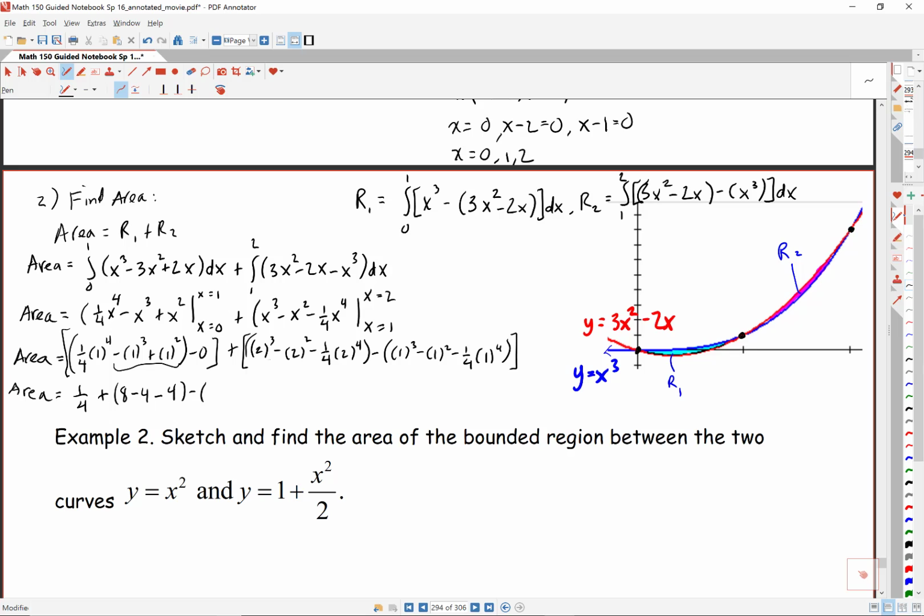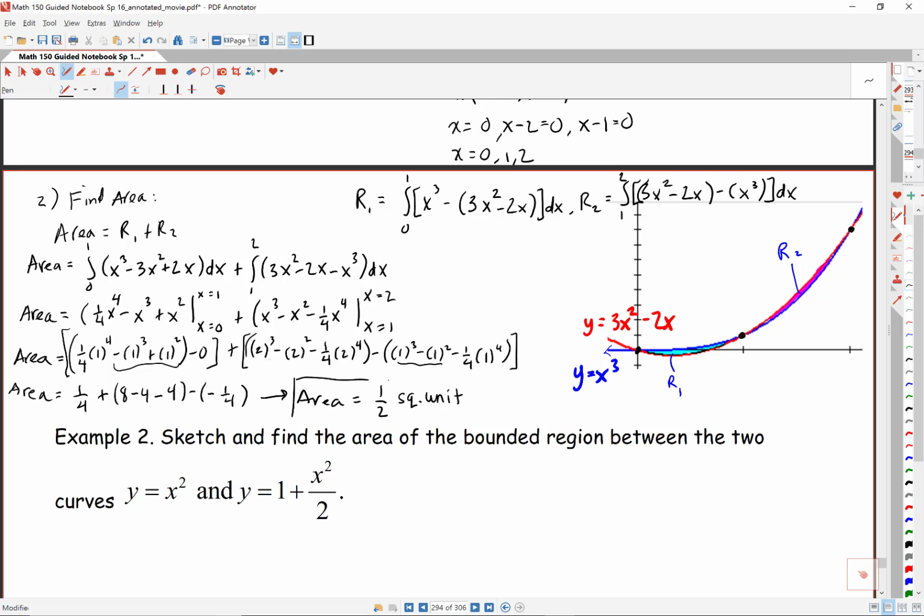And from that we'll subtract the ones. Do you see they zero each other out? And then we'll end up with minus a negative quarter. And so at the end of the day, we will have an area of 2/4, which is 1/2 of a square unit.